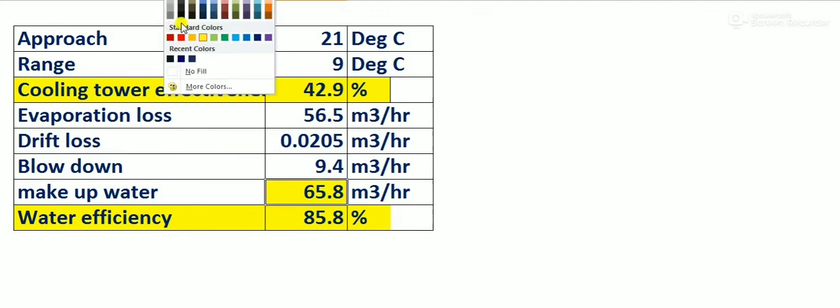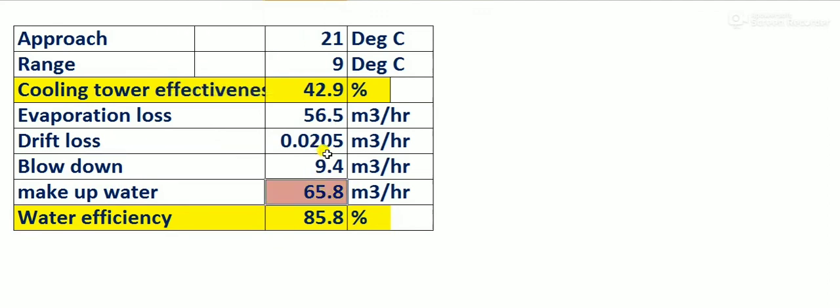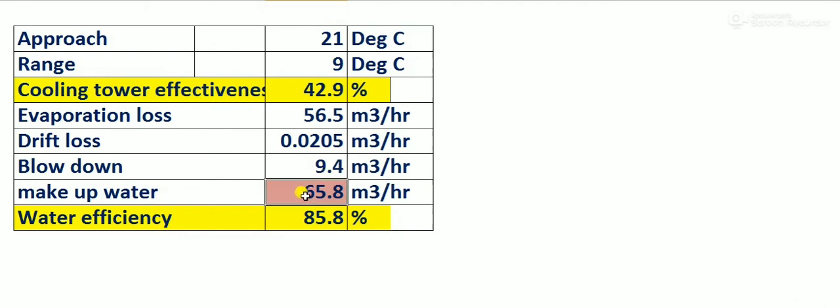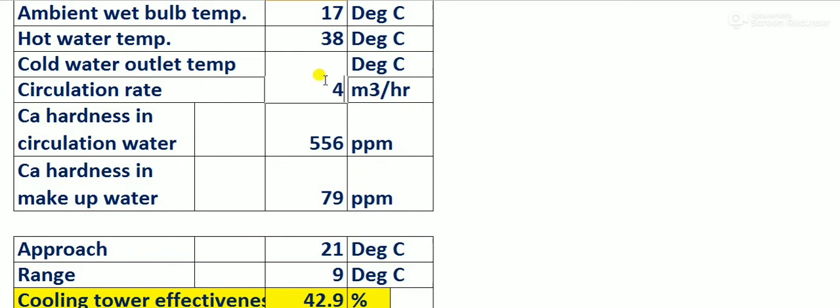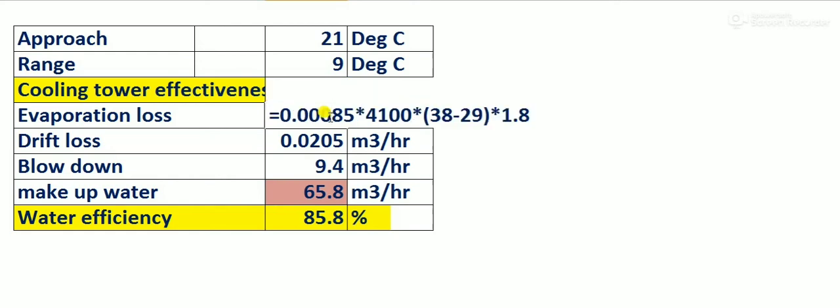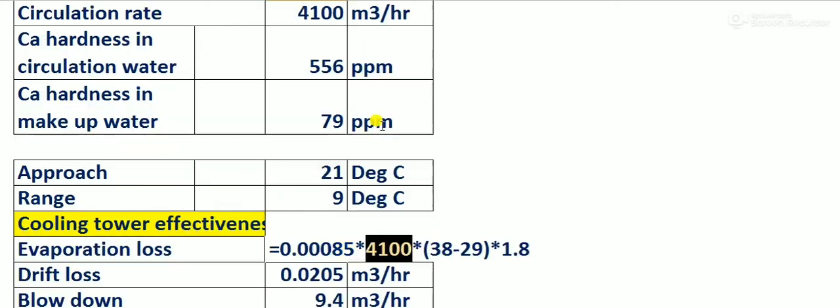So if circulation rate is getting increased, definitely makeup also will get increased. You can see it now, 65.8 meter cube. If we increase circulation rate by 1000 meter cube, we put the formula so that it is not changing. Definitely it will come up.